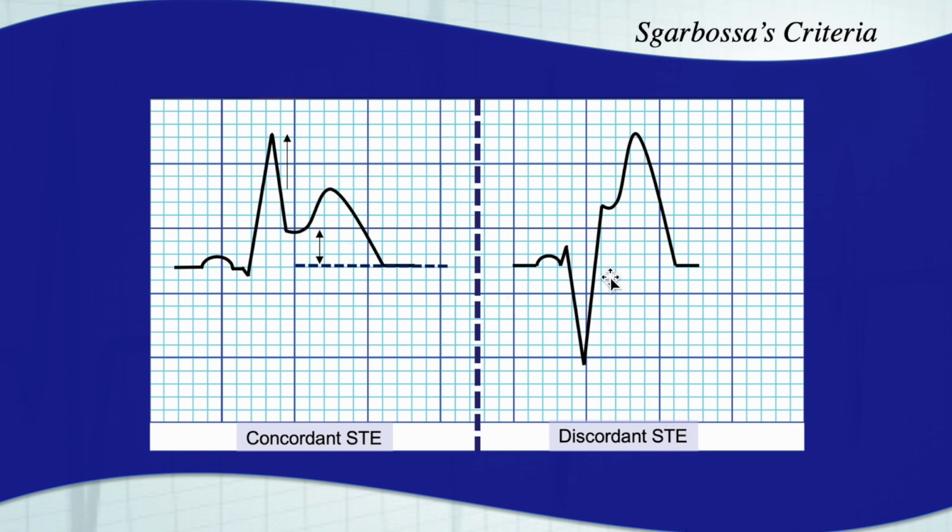Discordant ST segment elevation is in the opposite direction, where you have a QRS complex with a terminal wave that's negative or down, and the ST segment is up. So that would be opposite. That's discordant ST segment elevation, and that can be bad. However, with most of your ST mimics, you have this discordant ST segment elevation.